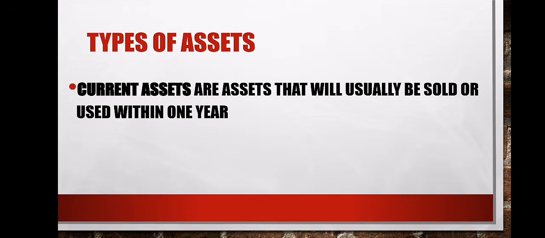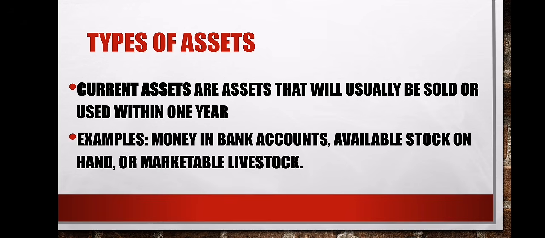We have current assets. These are assets that will usually be sold or used within 1 year. Sometimes they call them short-term assets. We have some examples: money in the bank, available stock on hand, or marketable livestock.